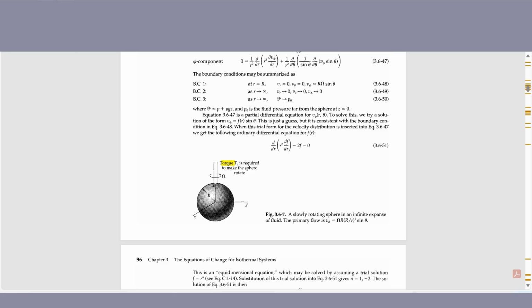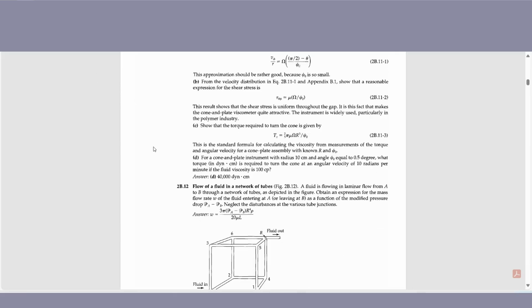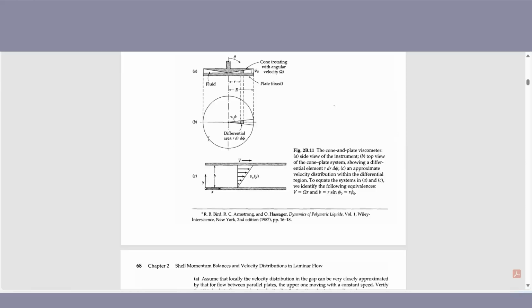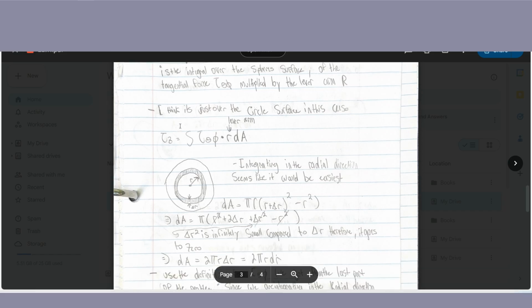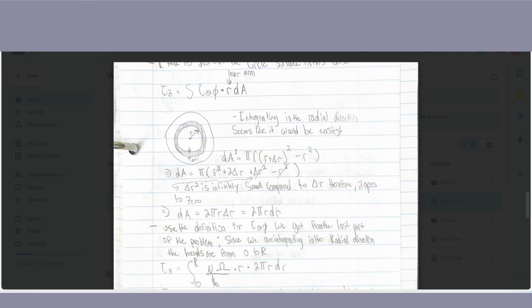If we're looking at the viscometer, that's the surface that you see. The book gives you the differential area here too, r dr d phi, but I use a different differential area because I don't like having to integrate twice. So I just derived a differential area here.